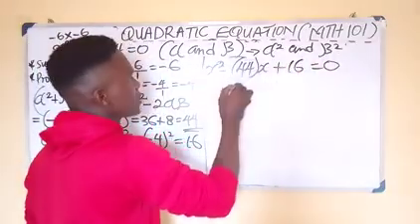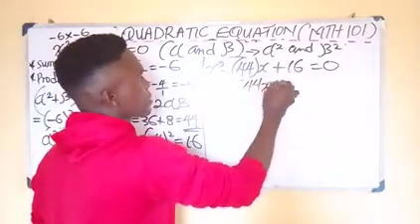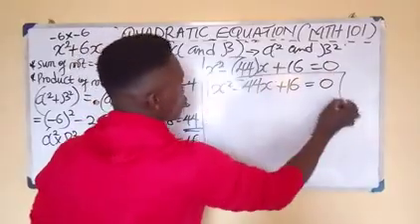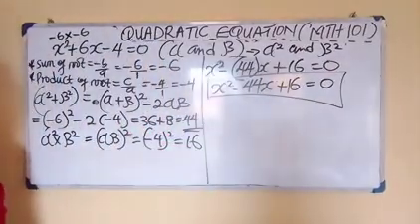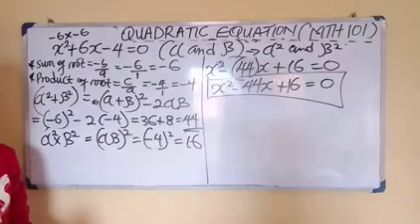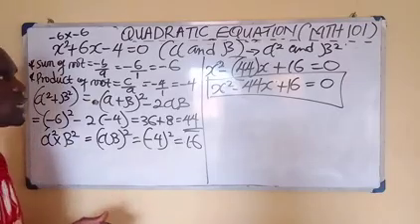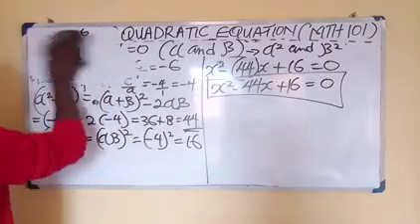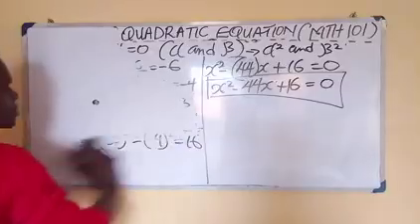So it becomes x squared minus 44x plus 16 equals 0. So this is the new quadratic equation. Hope that is clear enough. Very easy. But let me solve a more complex quadratic equation involving this case.